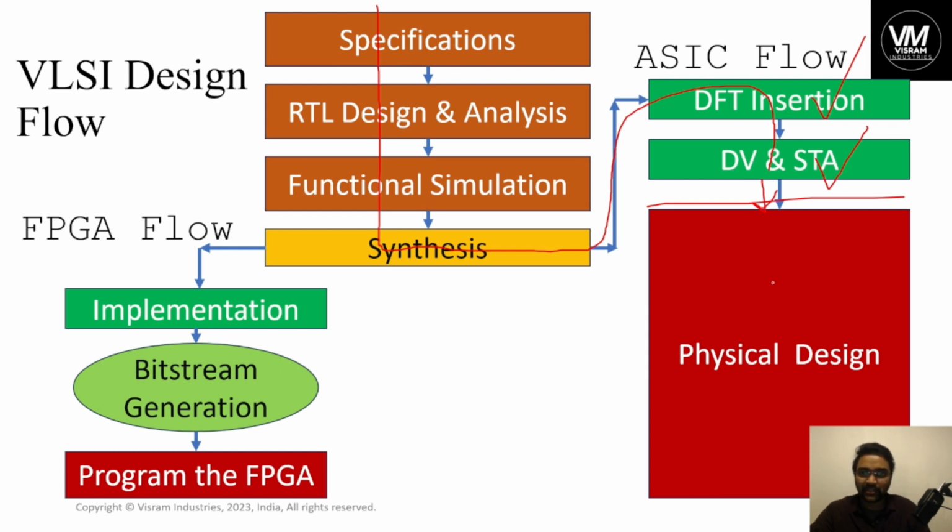Before manufacturing, the manufacturing industries like TSMC or GlobalFoundries need a design like a floor plan. A floor plan is nothing but where these memory cells are to be set up, or where these block level designs should be set up. That is again a physical design flow.